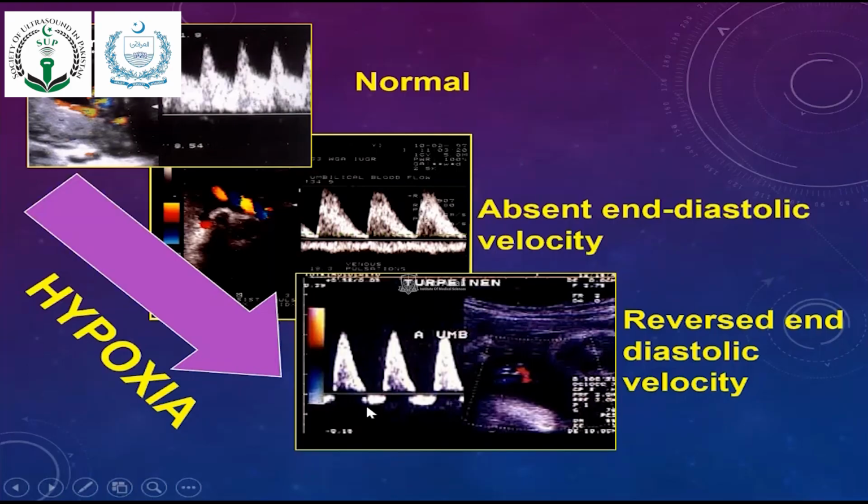And if we get phasicity in the umbilical vein along with reversal of diastolic flow in the umbilical artery, we label it as asphyxia.